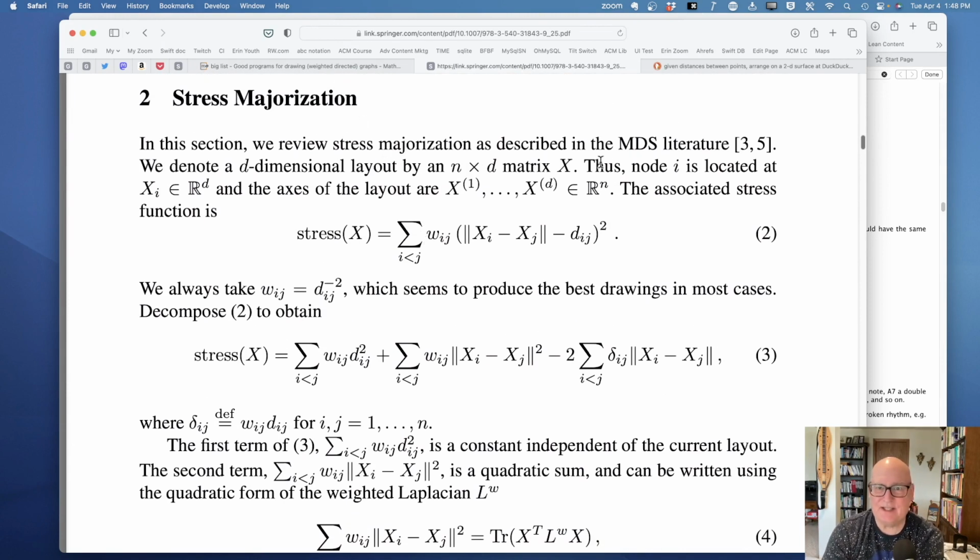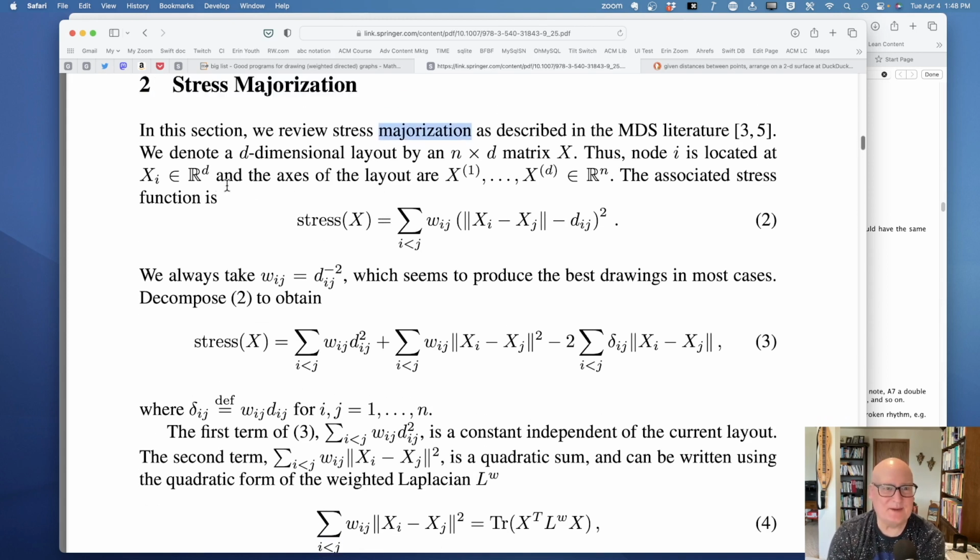Stress majorization as described in the MDS literature. Okay, so I heard about MDS. I didn't know this function, so it tells you where I am a little bit. All right, so stress is the function up there, distance between points minus that. They're going to take this minus alpha with alpha equals 2, so d to the ij. And then they do their algebra on it.